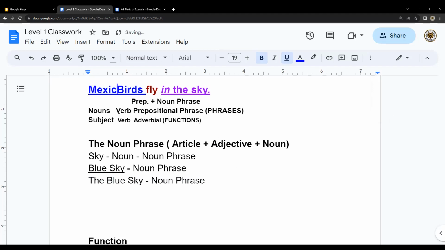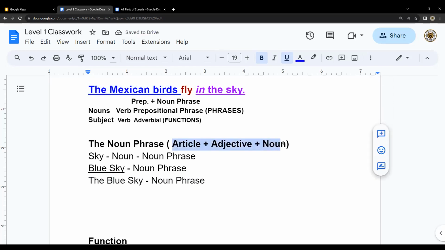Podemos poner Mexican birds. Mexican birds fly in the sky. Entonces todo esto sería noun phrase, right? We can say the Mexican birds. Todo esto sería noun phrase. Y tenemos en su forma completa artículo, adjetivo y noun. Article, adjective, noun.